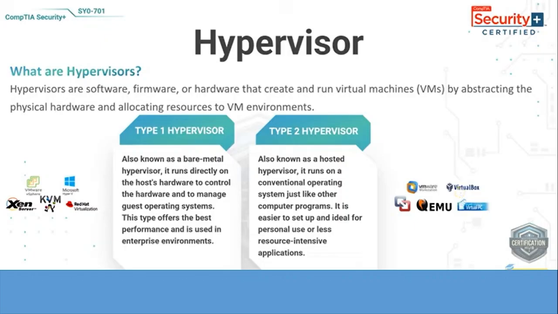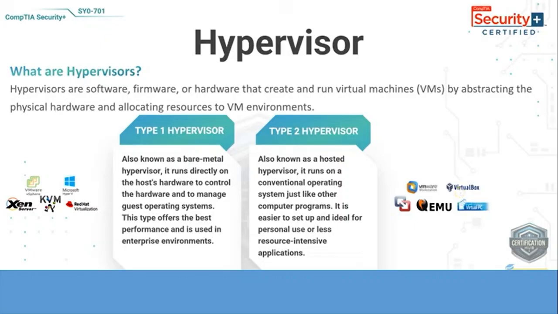You find this hypervisor in the Windows operating system. You can configure it. So a hypervisor is a software, firmware, or hardware that creates and runs virtual machines by abstracting the physical hardware and allocating resources to the VM environment.